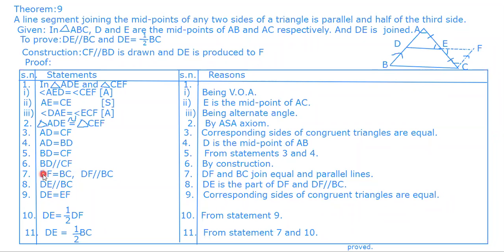So in the place of DF, we can write BC. So the line joining the midpoints of two sides of a triangle is parallel to the third side and half of the third side.